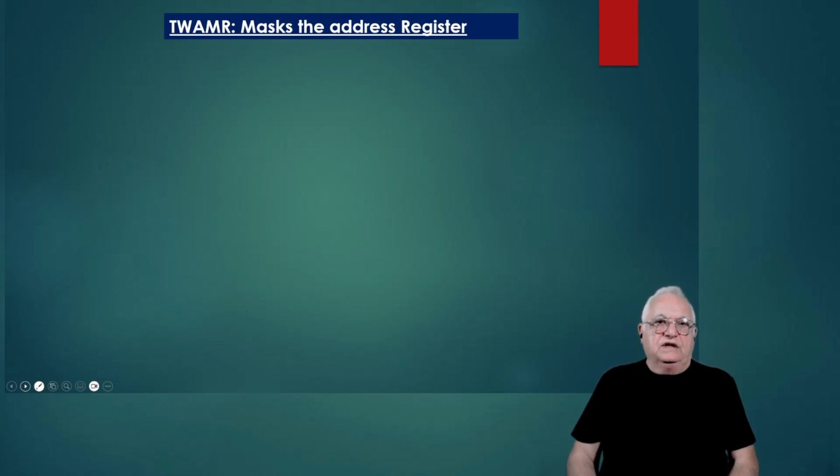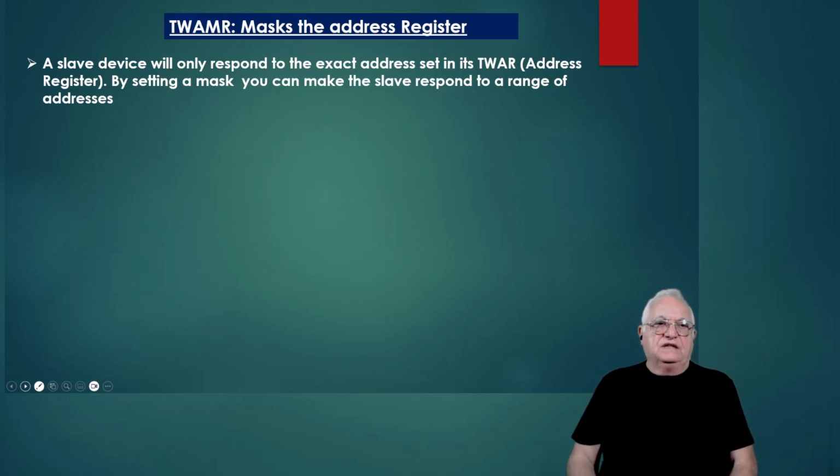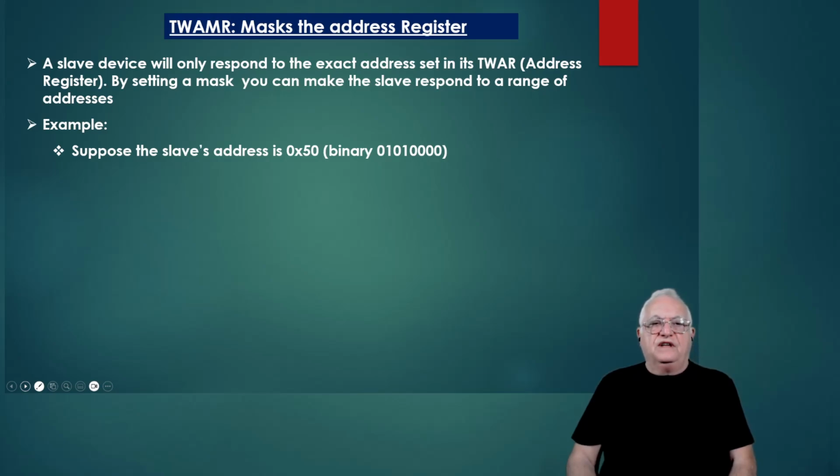Now let's look at the mask address register. The slave device will only respond to the exact address set in the TWAR register. By setting a mask, you can make the slave respond to a range of addresses. So let's see how we do this. For example, suppose the slave address is 50 hex.